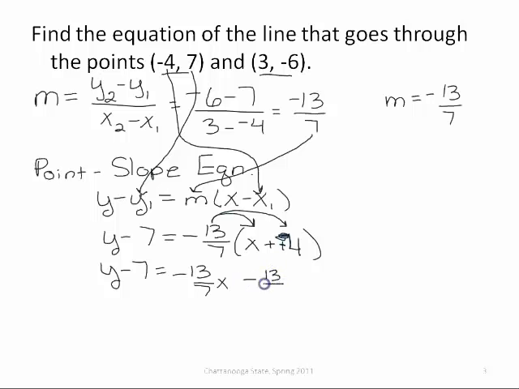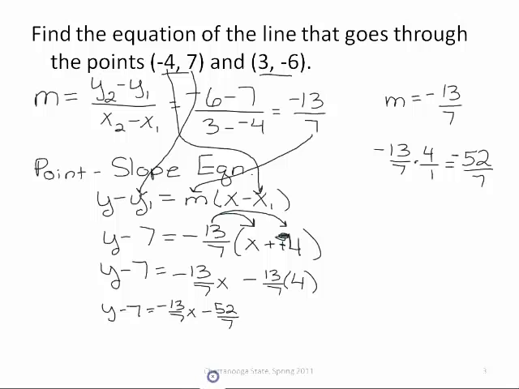So I'm going to have -13/7 times the positive 4, which is -13/7 times 4 over 1. 13 times 4 is 52 over 7. And because a negative times a positive is negative, I have y minus 7 equals -13/7 x minus 52 over 7.